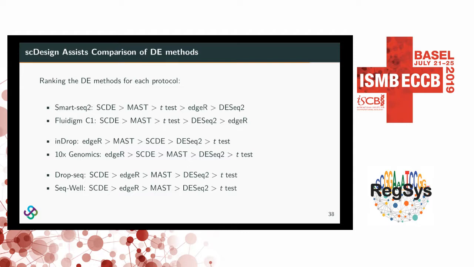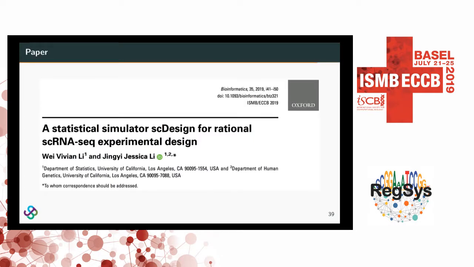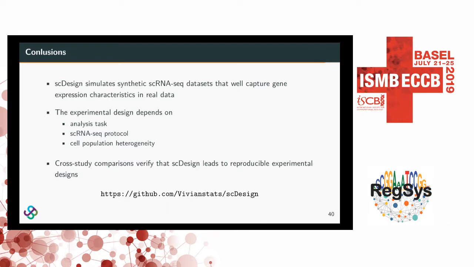Because of time constraint, I will stop here for the result. But please note that our method can also be applied to compare other computational pipelines, for example, those for dimensionality reduction or visualization. OK, so this is the paper which was published recently. And this is the conclusion.